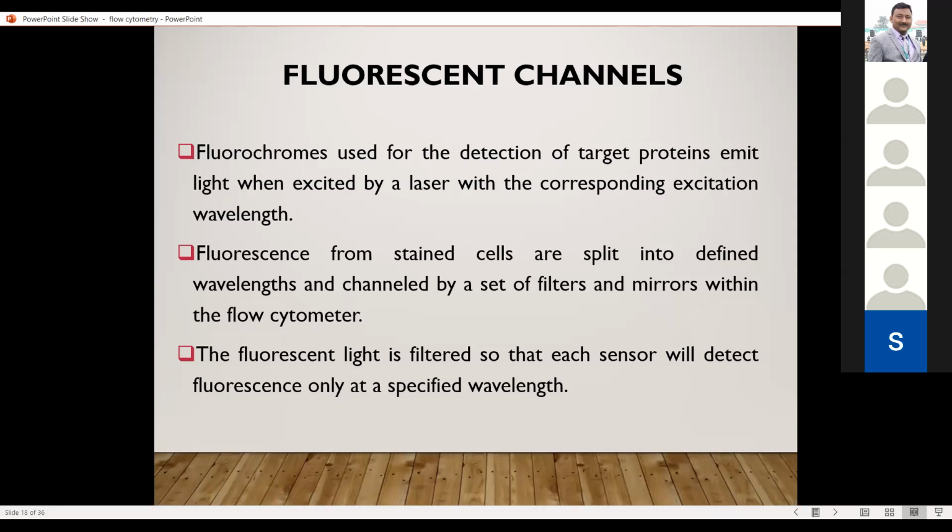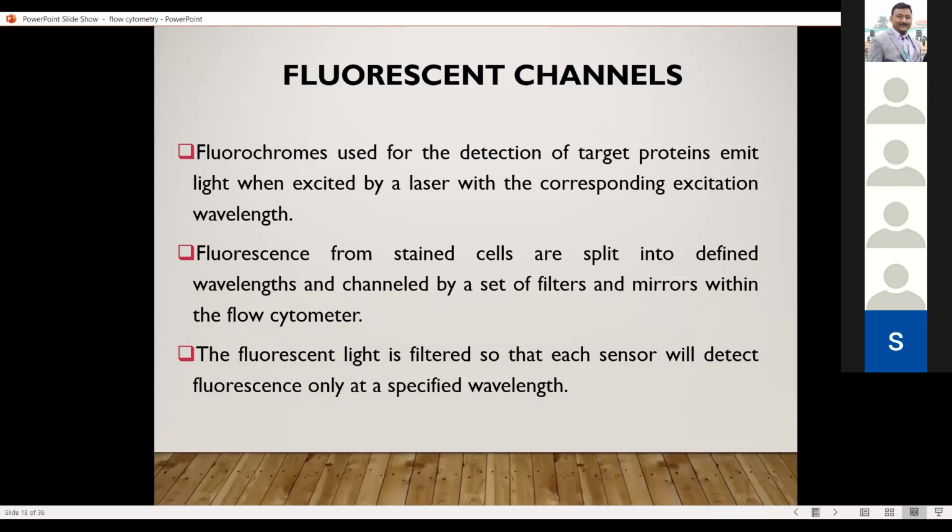Fluorescence from stained cells is then split into defined wavelengths. Different cells will emit different fluorescence as we tag them with different fluorochromes. So in flow cytometry we have different channels to split these wavelengths according to the cells, and we have different filters and mirrors within the flow cytometer so that they can differentiate the cells.